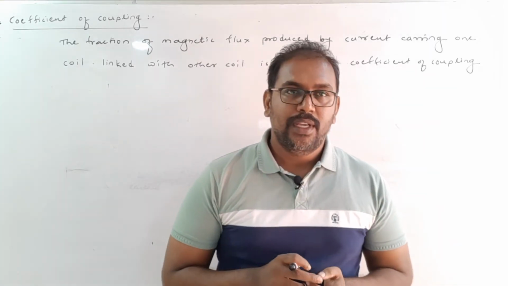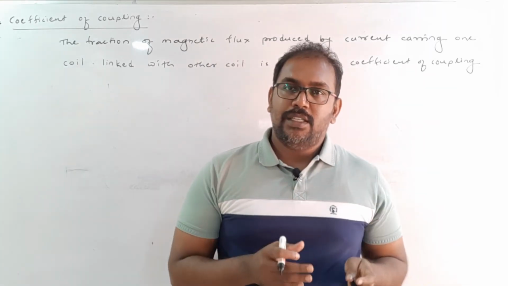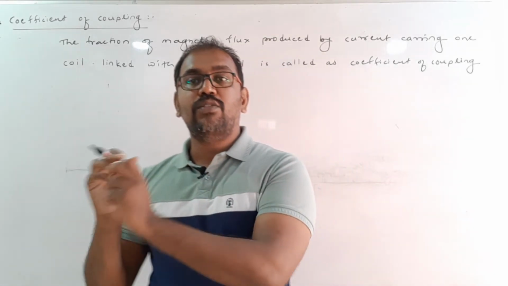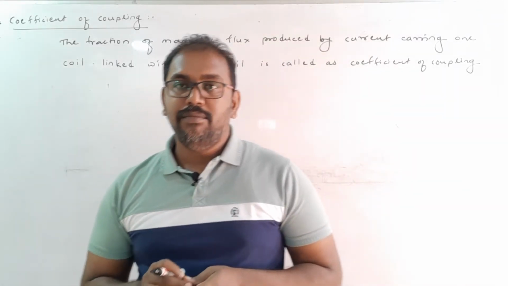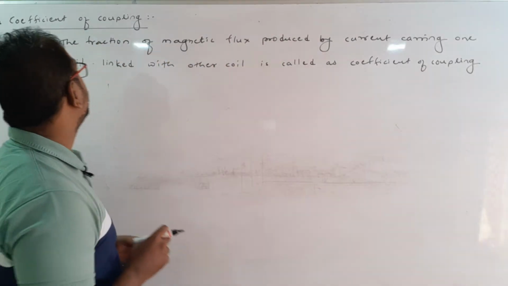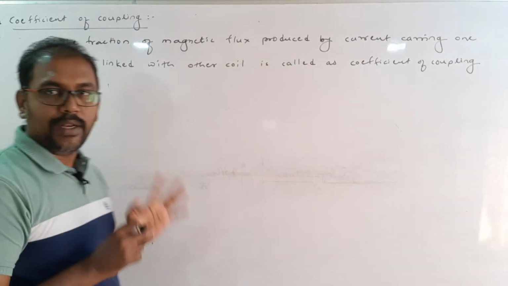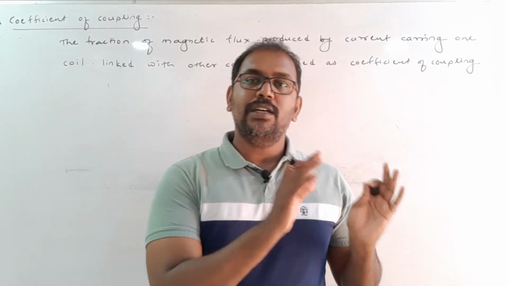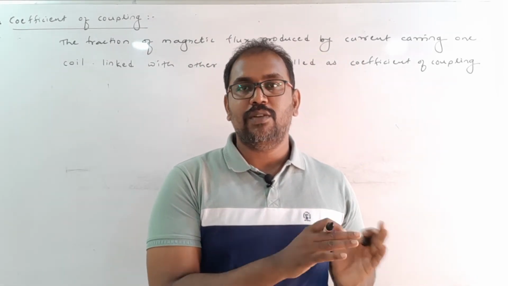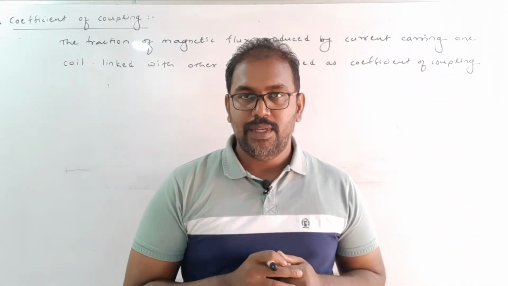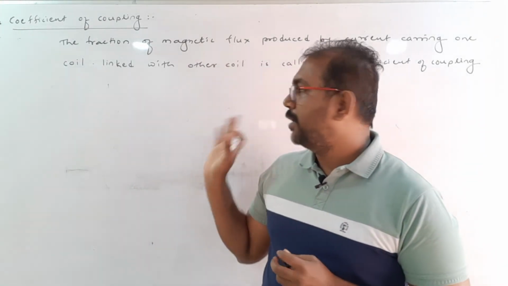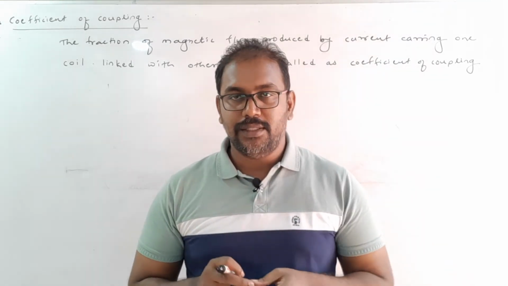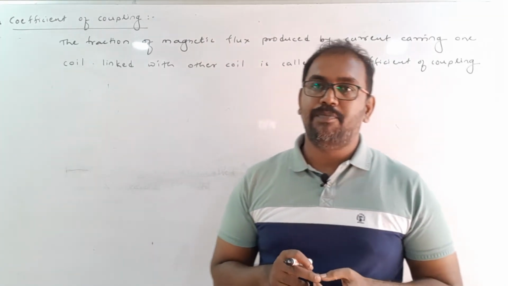Now see here, if the magnetic flux of coil 1 is 100% linked to coil 2, then we can say that the coefficient of coupling is 1. The maximum value of the coefficient of coupling is 1, if all the magnetic flux of one coil is linked to the other coil. And it is called perfectly coupled coils.